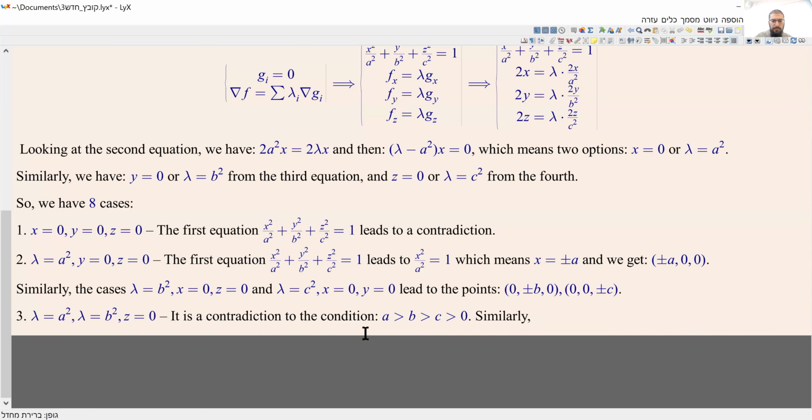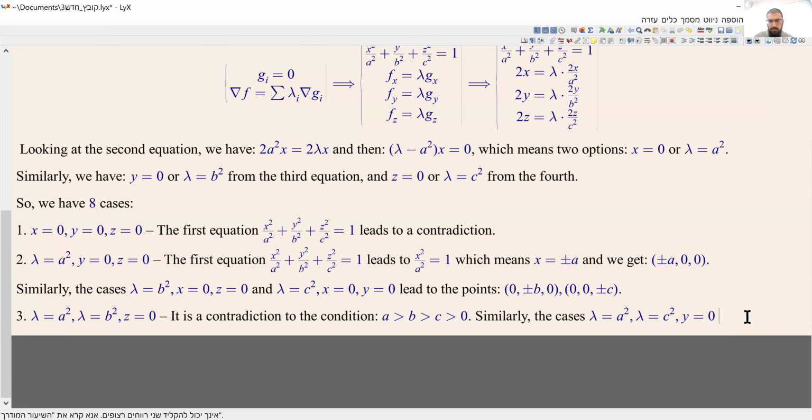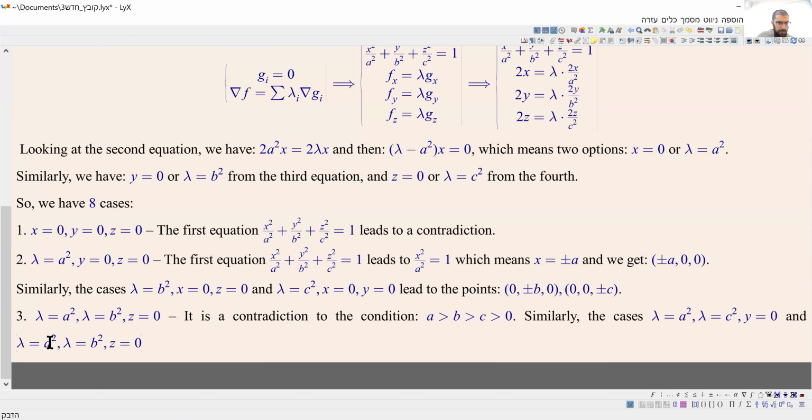Similarly, the cases where two of them are lambda and the third one is 0 lead to a contradiction. So it's b and c, it's 0.